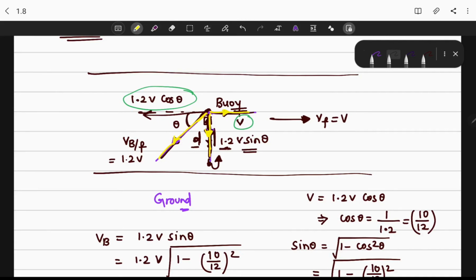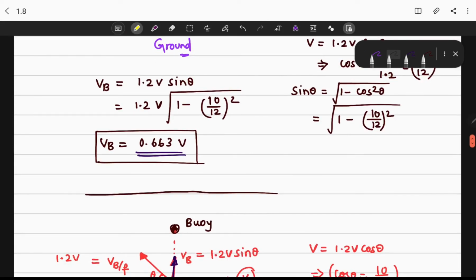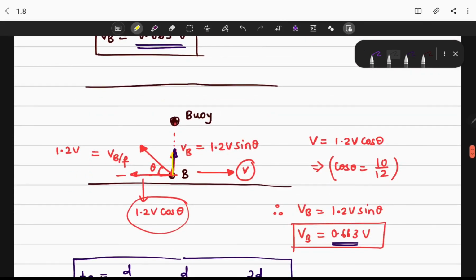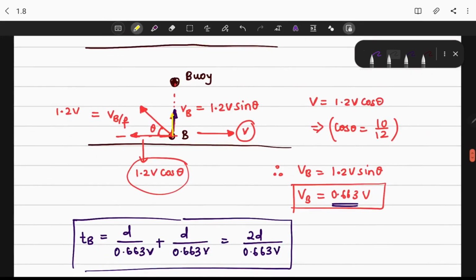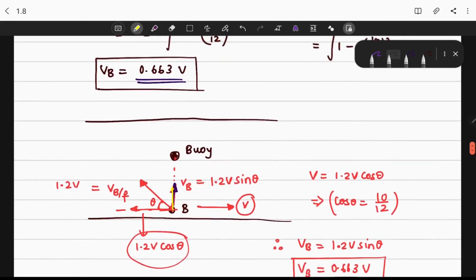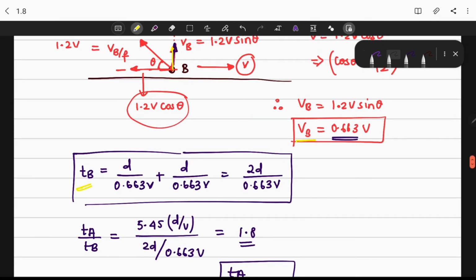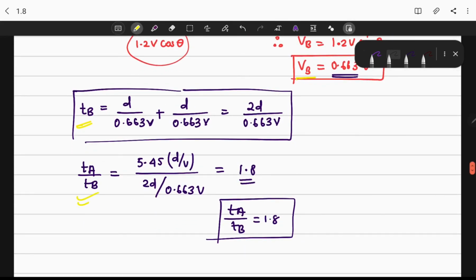We knew that the velocity is in this particular direction, so the perpendicular components have to cancel each other. So we equated v and 1.2 v cos theta, and that was the same case when it was moving towards the buoy. Then we found the velocity of the boat in both cases, and then the time taken to cover the entire journey, and then the ratio.